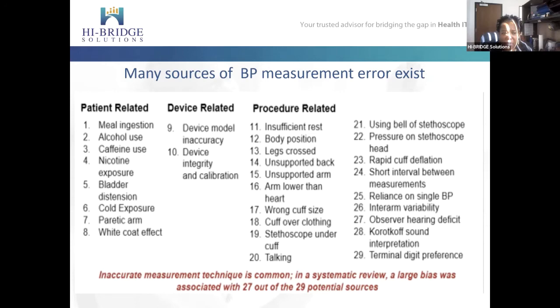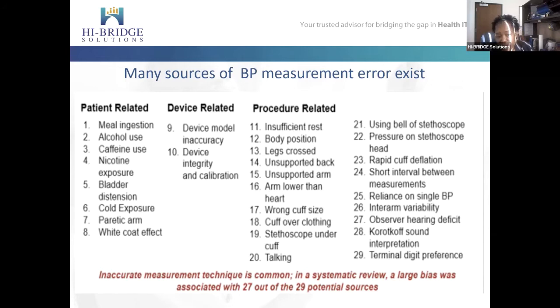Procedure related, insufficient rest can play a factor in that. Again, how your body is positioned, legs crossed, unsupported back or arm. Also the wrong cuff size, taking the measurements while you have on clothing. They suggest that you do it on your bare arm, using bell or stethoscopes.